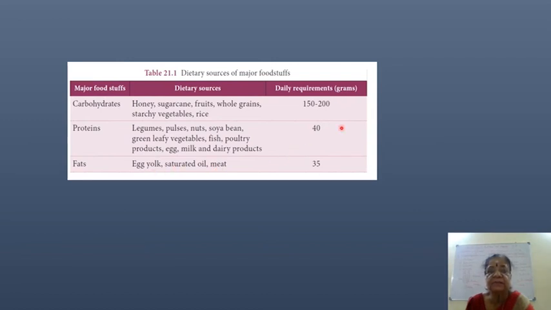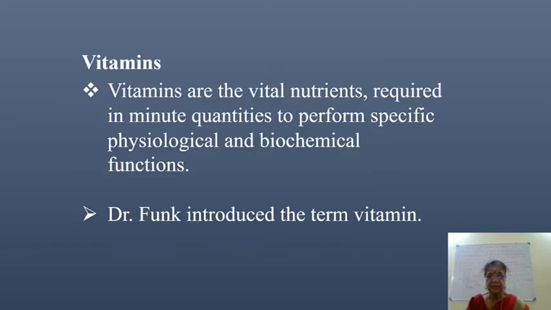These are the daily requirements of carbohydrate, protein and fat. Okay. The next one, we are talking about the vitamins. These are all essential nutrients required in very minute quantity to perform specific physiological and biological functions.